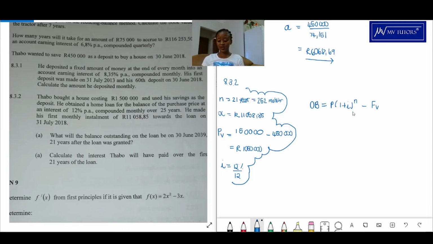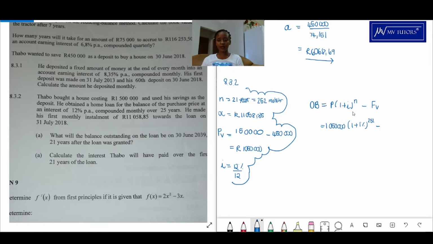So this amount that he is borrowing from the bank is 1,050,000. And 1 plus the interest rate, I'm just going to say 1%, and the number of months, 252, and then we're going to subtract the future value.